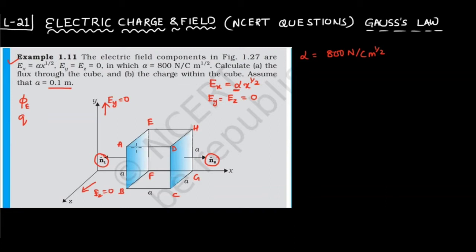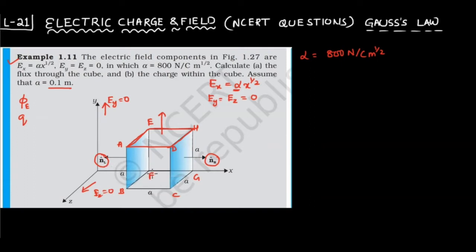Similarly, if you look at the top surface, let me name the vertices A, B, C, D, E, F, G, H. Look at the surface A, D, H, E. The area vector of this surface will be directed in the upward direction. Is that clear?